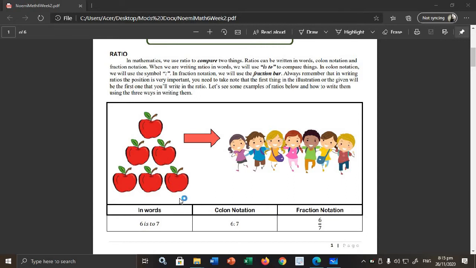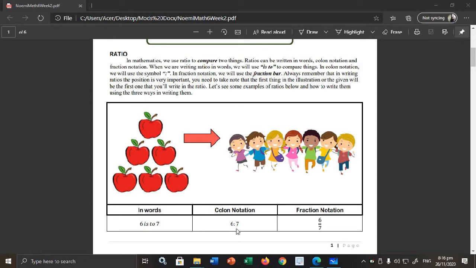As I was saying a while ago, ratio can be written in 3 ways. The first one is in words. If we write this illustration as a ratio in words, the answer is 6 is to 7. So you are just going to use the words "is to."